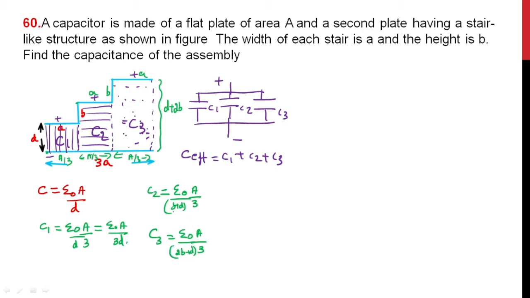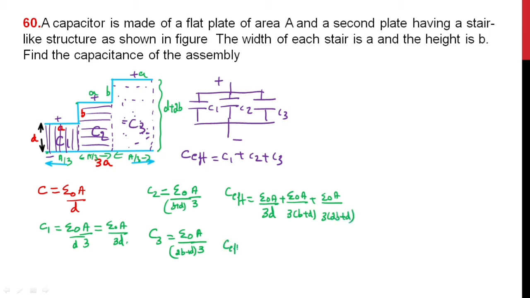So we got C1, C2, C3. Now substitute the values in C effective. C effective is equal to C1, that is epsilon 0 A divided by 3D, plus C2, epsilon 0 A divided by 3 into B plus D, plus C3, epsilon 0 A divided by 3 into 2B plus D. Now solve this.